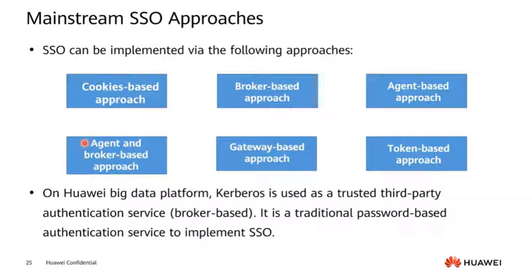You can simply regard this approach as using the broker as a particular agent in the application system. Fifthly, the gateway-based approach. This approach records the identity information of the client user to avoid rereading and authorization requests. Finally, the token-based approach. This approach involves a user ID and a number generator, which is similar to the secret key.